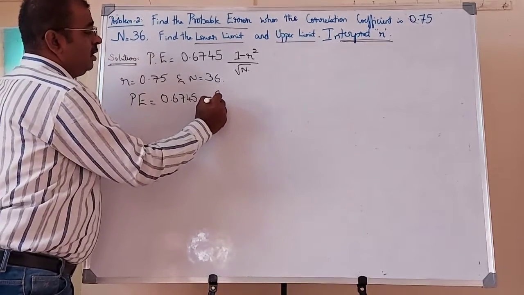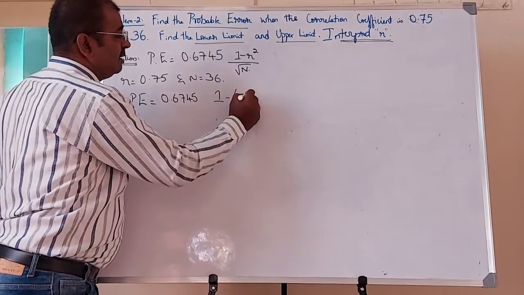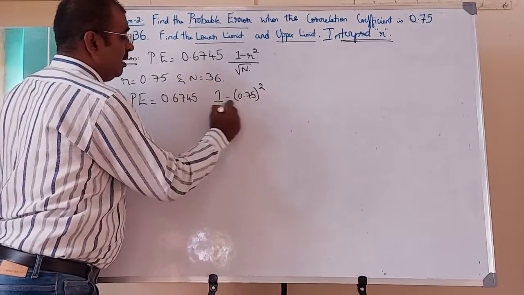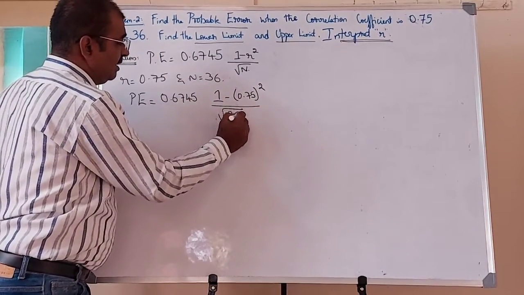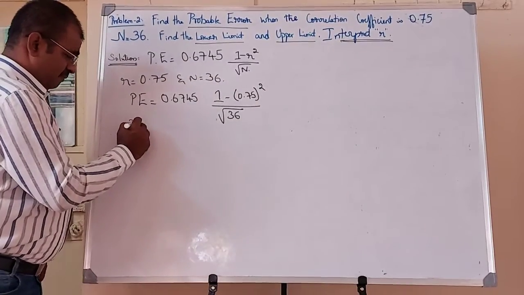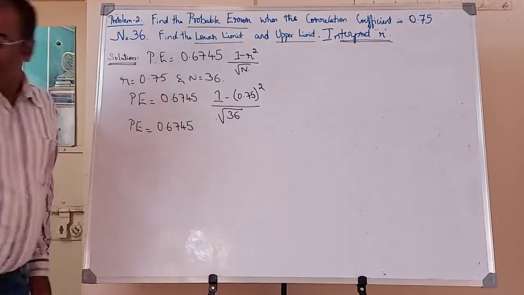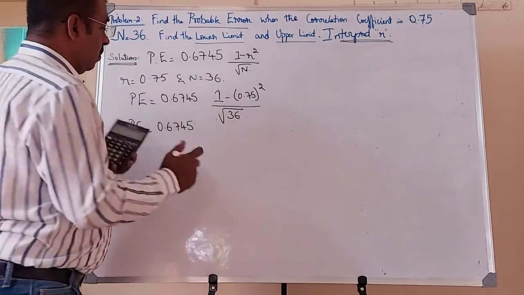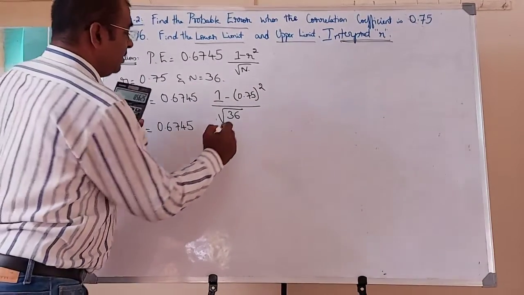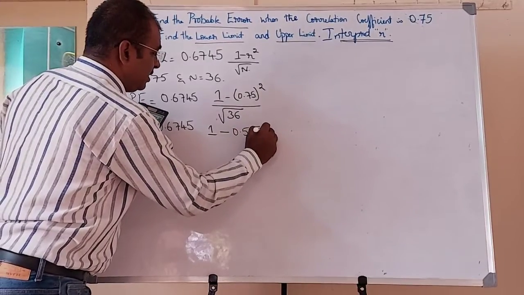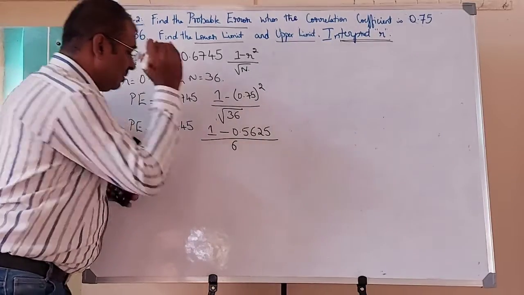Probable error is equal to 0.6745 into 1 minus R square. The value of R is 0.75, the whole square, divided by square root of n, which is square root of 36. Probable error is equal to 0.6745 into 1 minus 0.75 into 0.75, which is 0.5625, divided by square root of 36, which is 6.